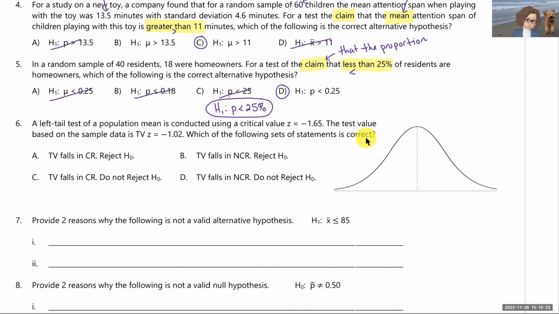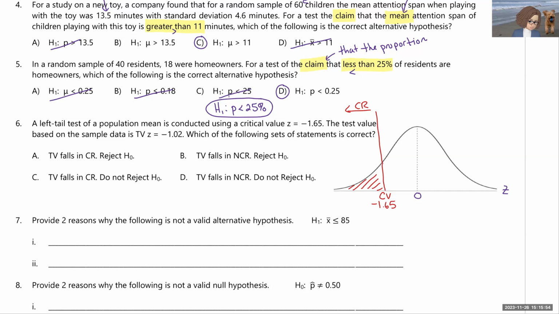All right, so I am again going to draw a sketch here so I know what's going on. I'm going to label my critical region first. So critical value, left-tail test. I just throw it anywhere just to have a picture going here, but I do know it's left of center. So there's a critical value. Critical region, left-tail test, is to the left.